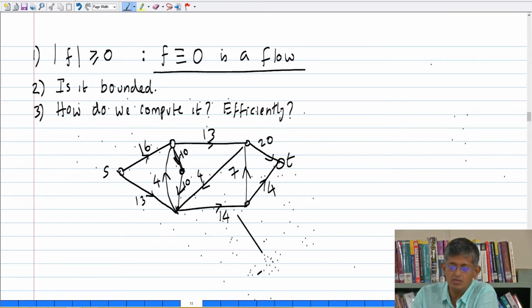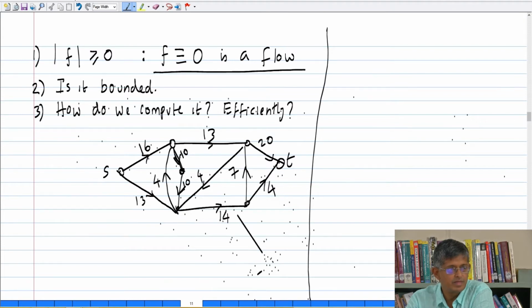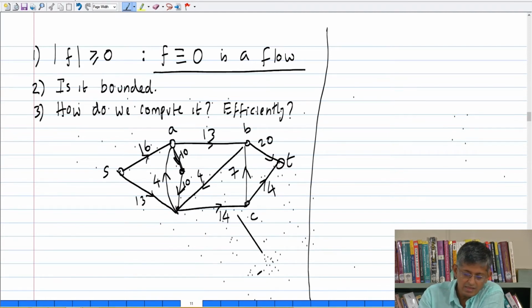So let's do a small exercise. Let's compute a non-trivial flow. Can somebody come up with a non-trivial flow here? Non-trivial meaning that not all 0. So in other words, let me also name the vertices: A, B, C, D and E. You have to give me values for all these pairs.